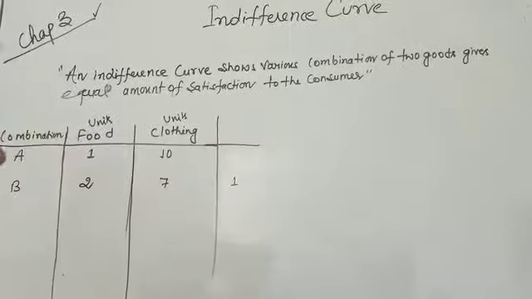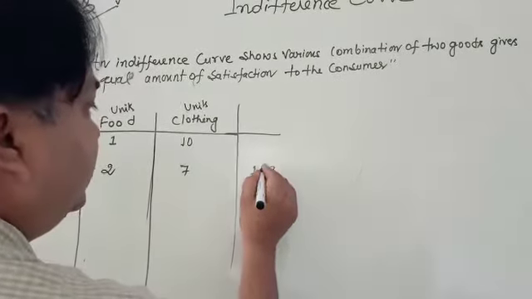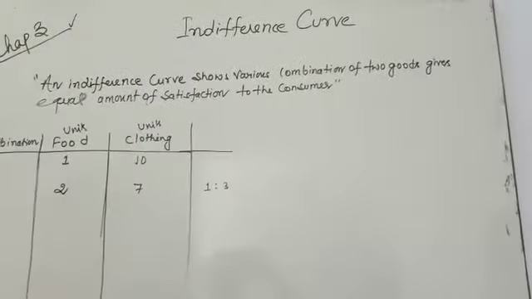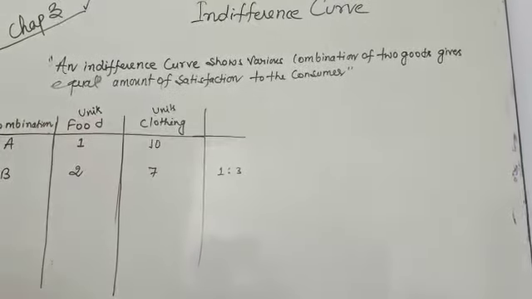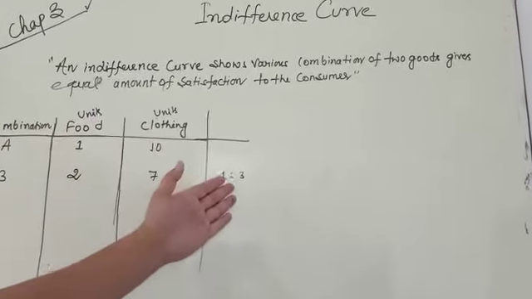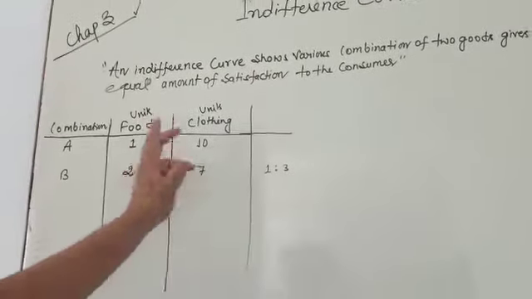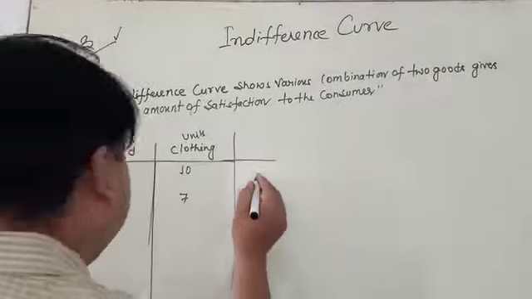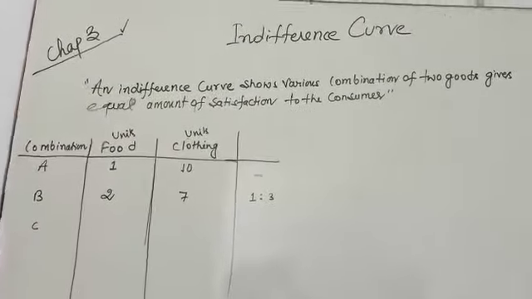Previously he had 10, now he sacrifices 3 units of clothes. So it is called substitution: from 1 unit to 2 units of food, and 10 to 7 units of clothes. Here I am writing substitution: 1 for food and 3 for clothes. Similarly, I am going to take another combination, that is C.